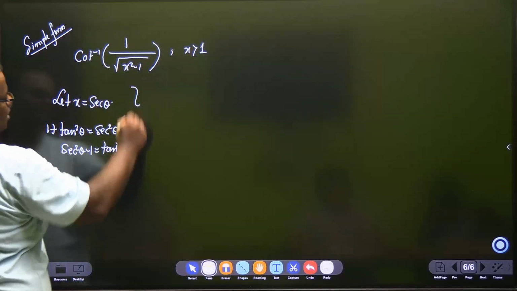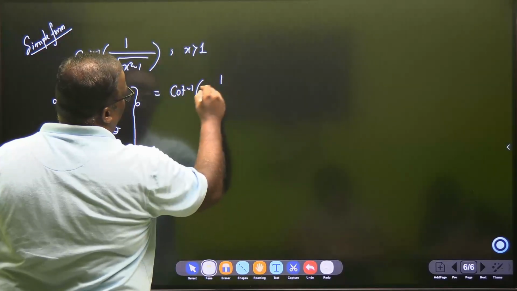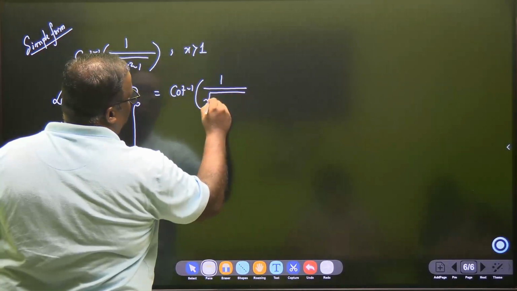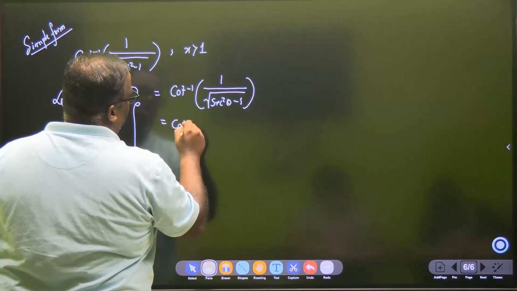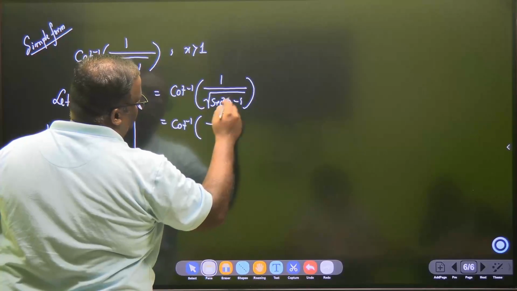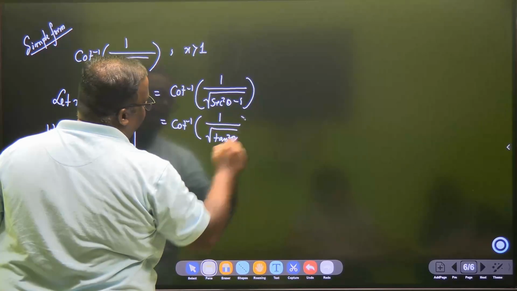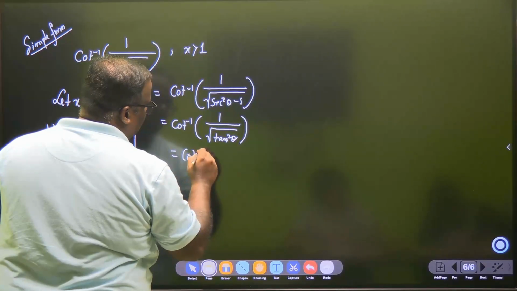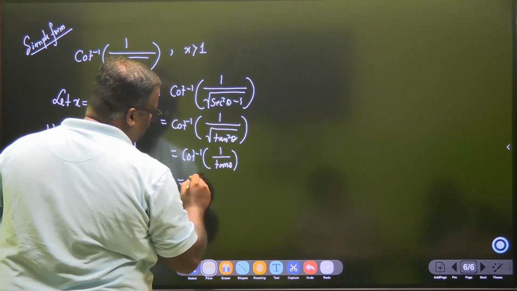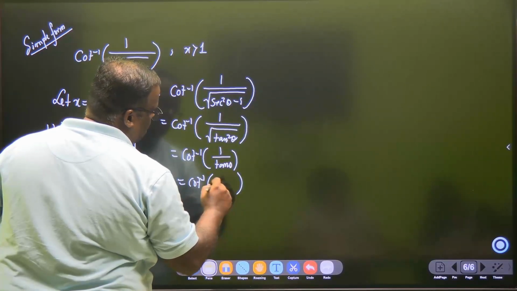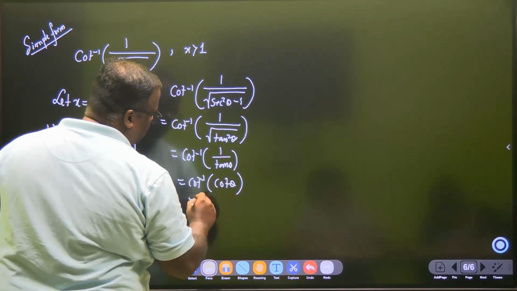So I say this is equal to cot inverse 1 upon root sec square theta minus 1, which is cot inverse 1 upon root tan square theta, which is equal to cot inverse 1 upon tan theta. Cot inverse cot theta, which is equal to theta.